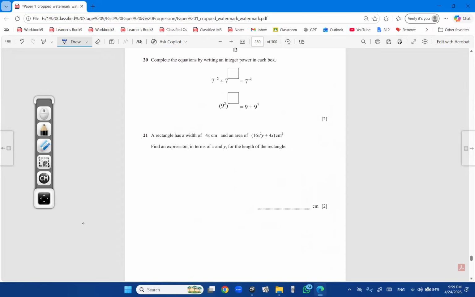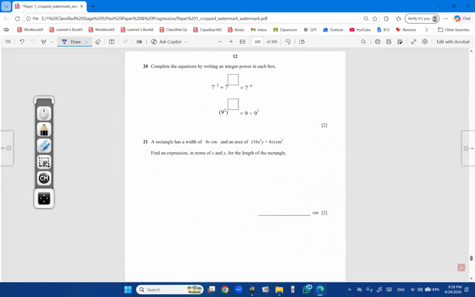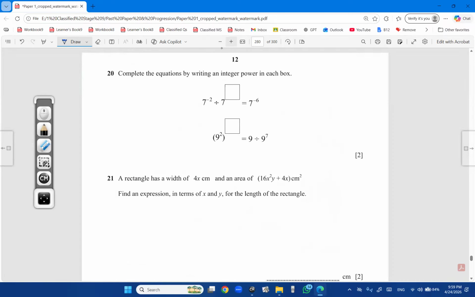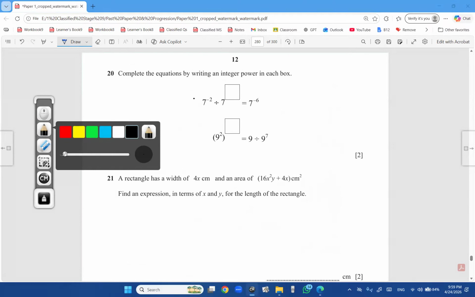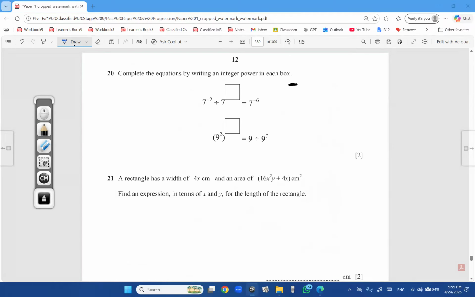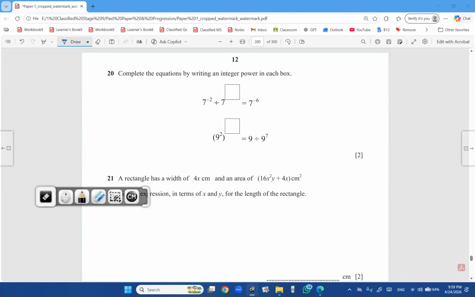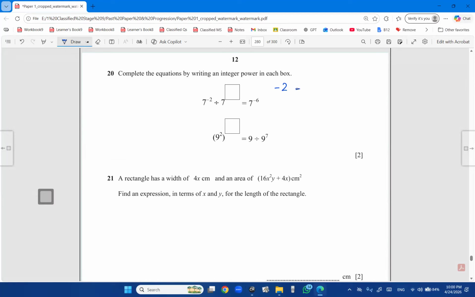Next question, question 20. Here, -2 minus, I don't know what this is, let's say it's x, minus x should give you -6.